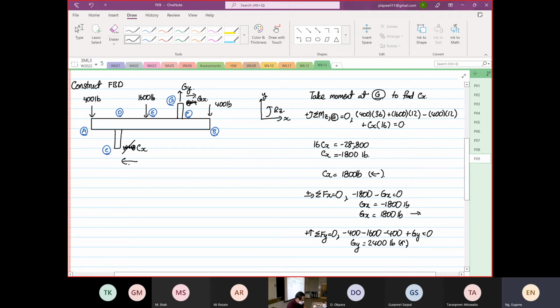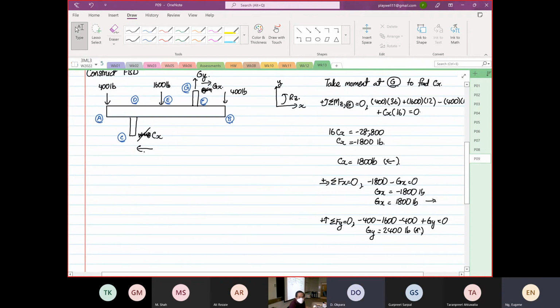It's correct, right? So from here, shouldn't the arrow be the other way for Gx? Say it again. Shouldn't the vector arrow after 1800 pounds be pointing towards the left because it's negative? At this stage, when it's negative, it means the direction is wrong.